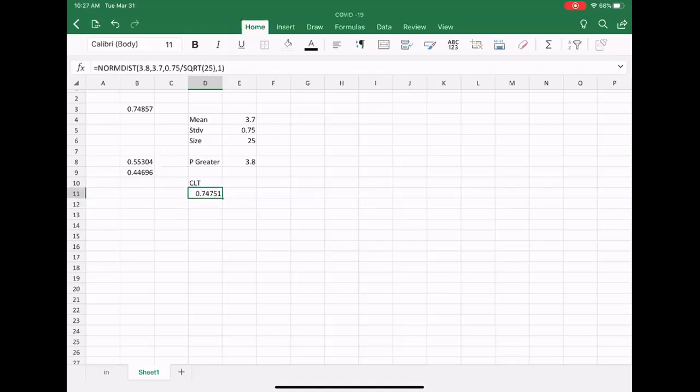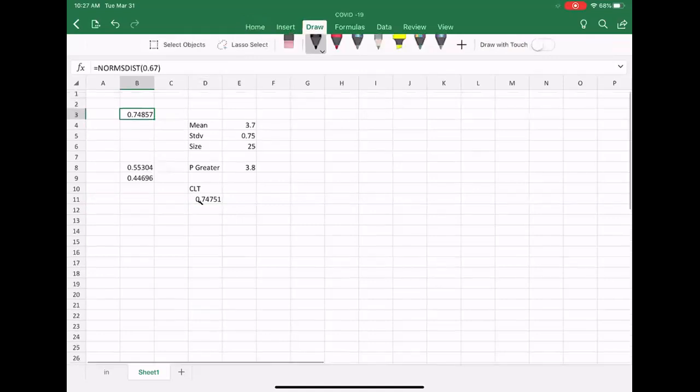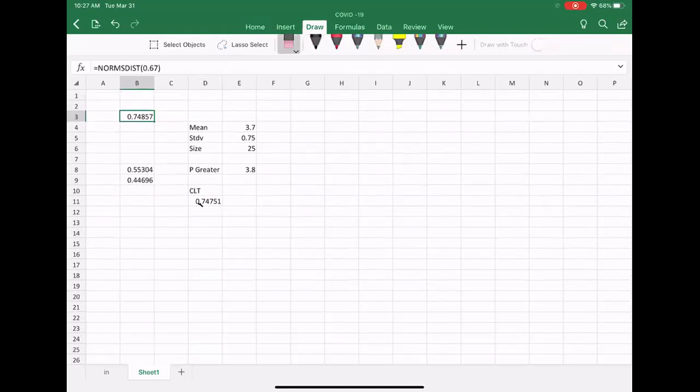Now, notice this answer and that answer are not the same. The problem with the tables is you have to round to 2 decimal places to use it. Excel does not round.